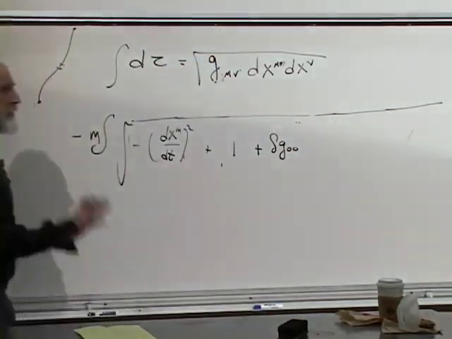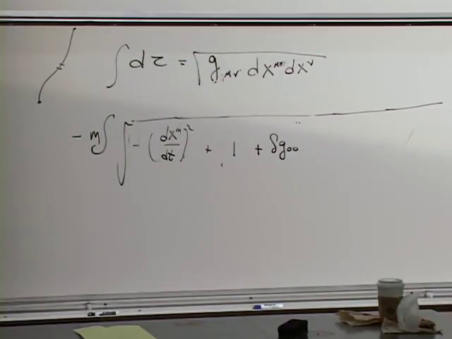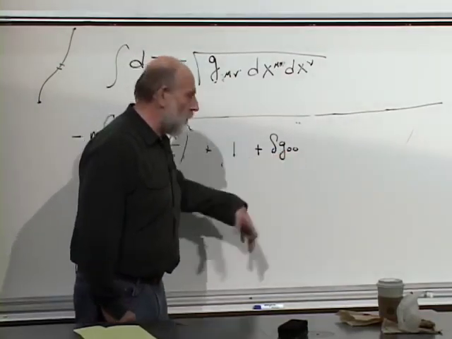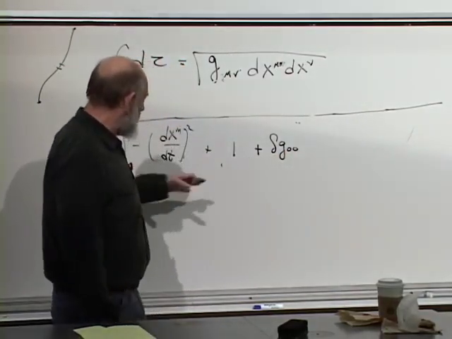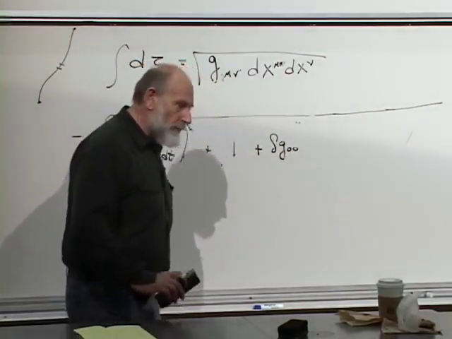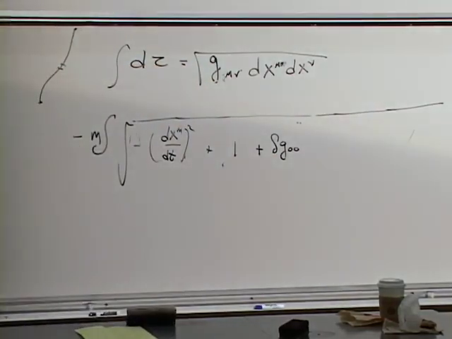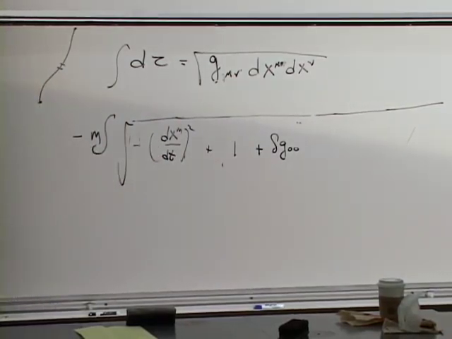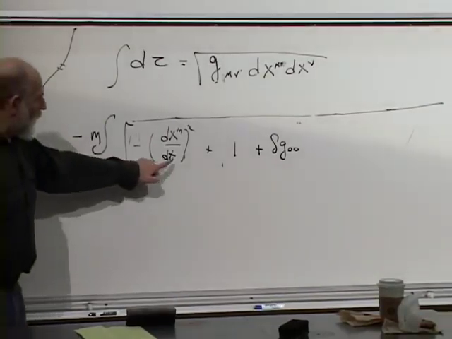All right, so this is close to the Newtonian approximation. The only thing that's not absolutely Newtonian, or absolutely flat space here, is that g naught naught might depend on x. Now suppose the velocity is small. How do you expand out something like this?